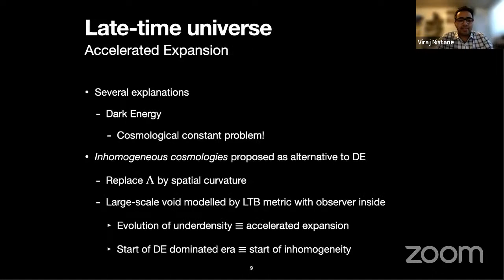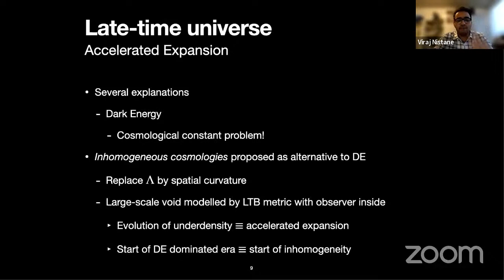And the spatial curvature is in the form of a large-scale, I'm talking about gigaparsec scale, spherical underdense region embedded in a flat homogeneous universe. This is modeled by using an LTB, or Lemaitre-Tolman-Bondi, space-time metric, which we'll come to shortly.